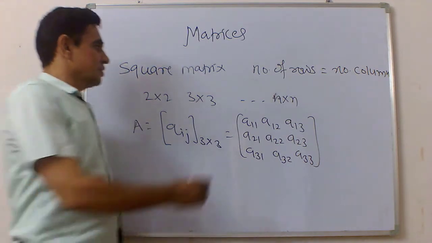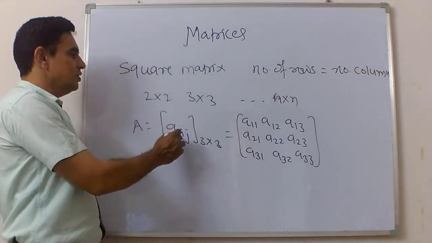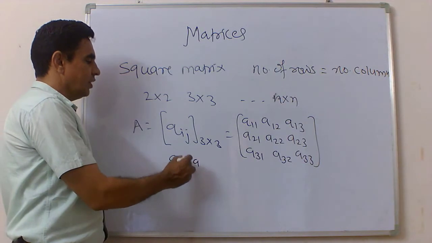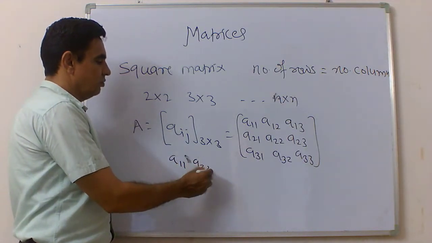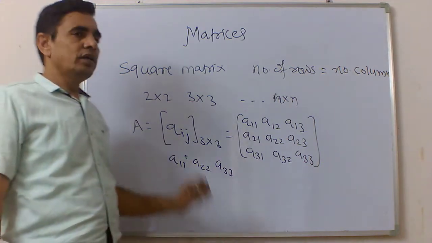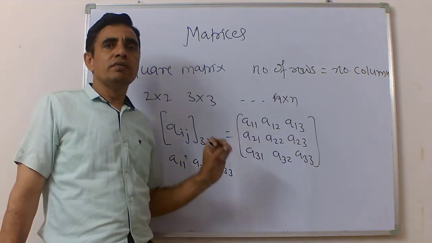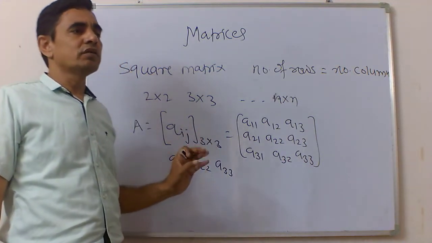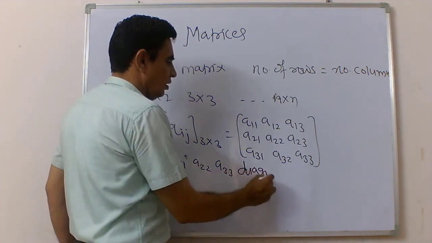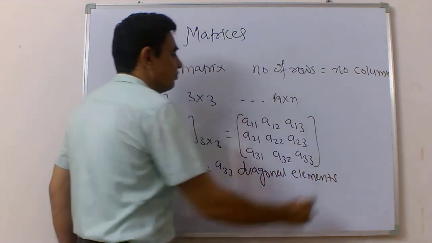Now in this matrix, see these elements A11, A22, A33. In this matrix Aij, i is equal to j. Therefore the elements Aij where i is equal to j are called diagonal elements.